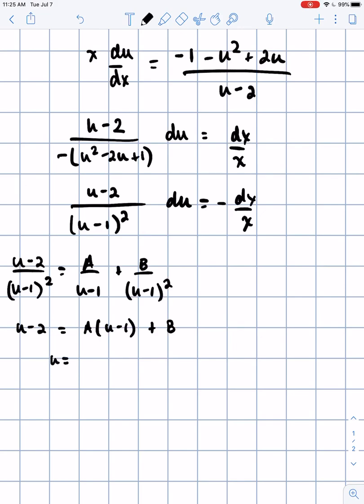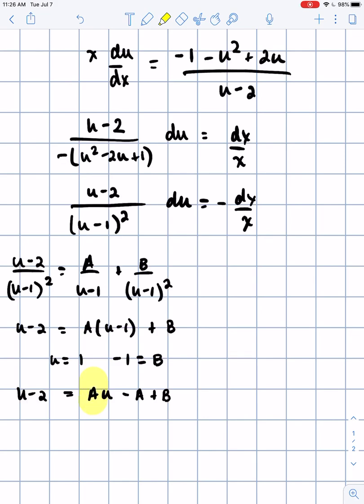If you make u equal to 1, right, you would get -1 is equal to b. But solving now for a is a little bit tougher. So what you could do is just try to match things up. So I would have a u minus a plus b, right? And if you could see, two things are going to happen, right?